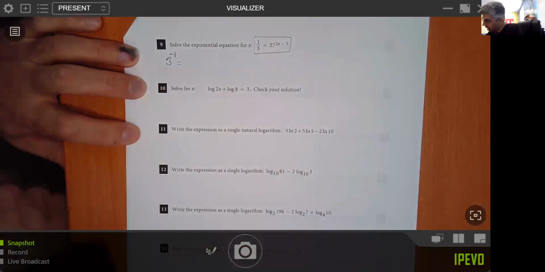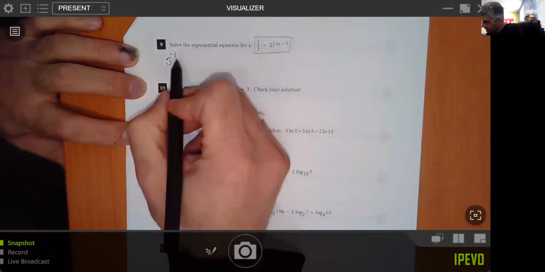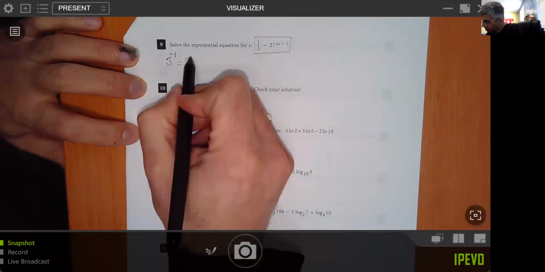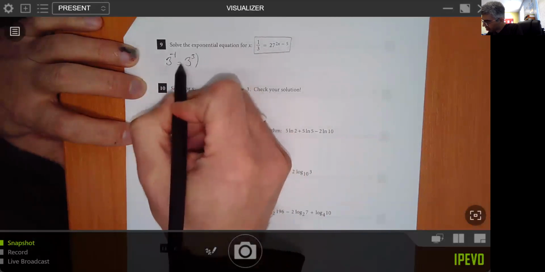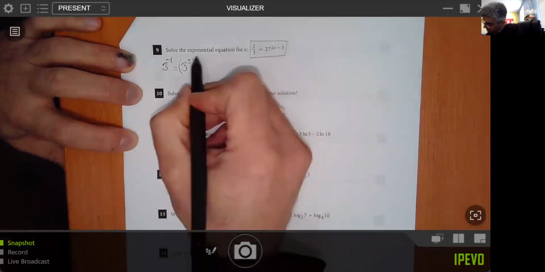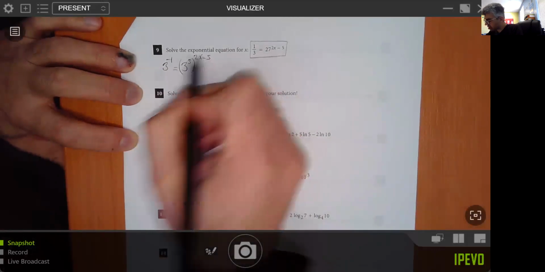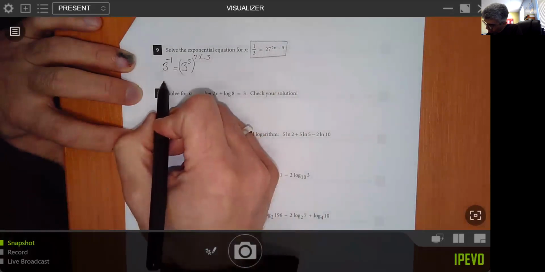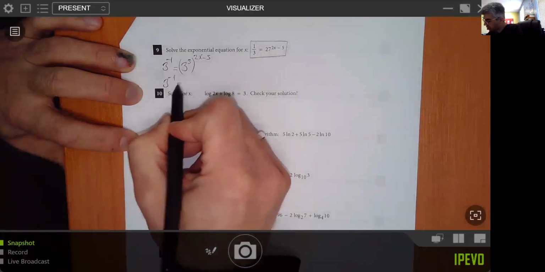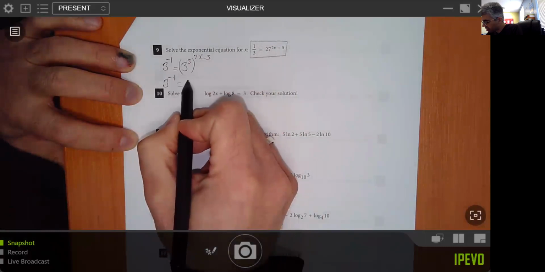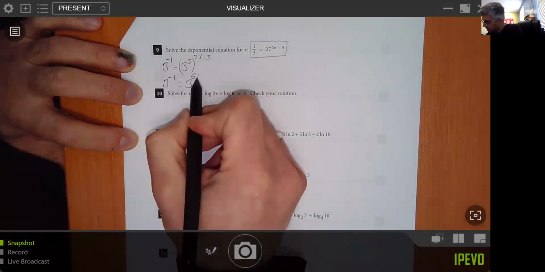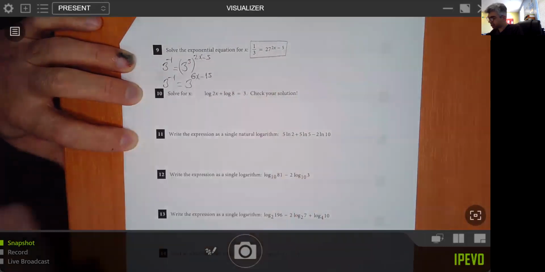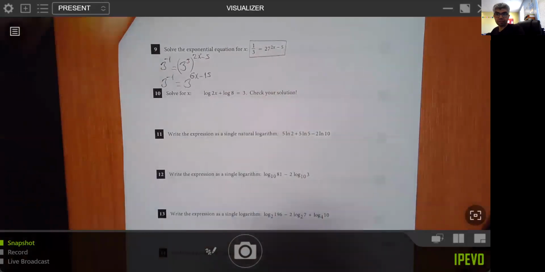And 27 is which power of 3? Yes, it is 3 cubed, and the power 2x minus 5. And so I have 3 to the power of minus 1 is equal to, power of power, it's their multiplication, 6x minus 15.